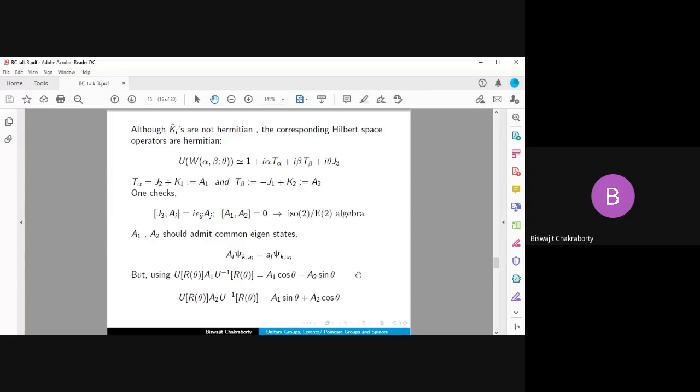But the point is that these A1, A2 can be subjected to the same unitary transformations, U of R theta and U inverse of R theta, and you get rotated A1, A2. A1 will go to A1 cos theta minus A2 sin theta. A2 will go to A1 sin theta plus A2 cos theta. And once it happens, can you go to the next slide, please?